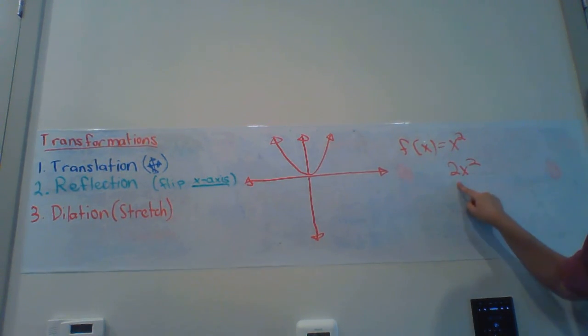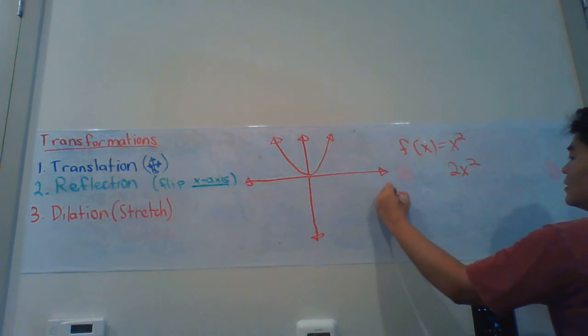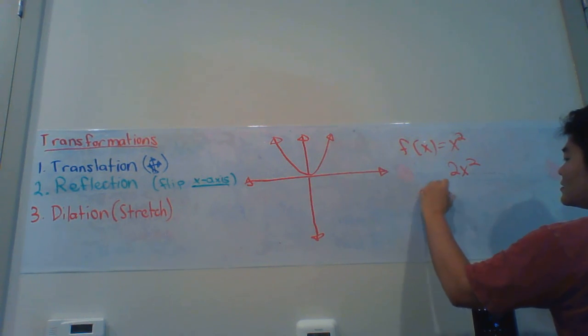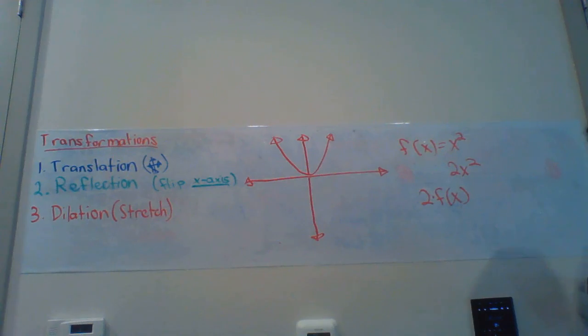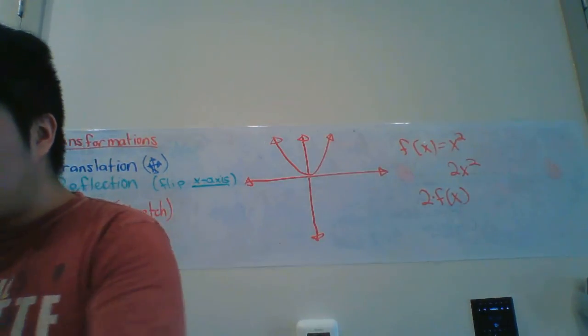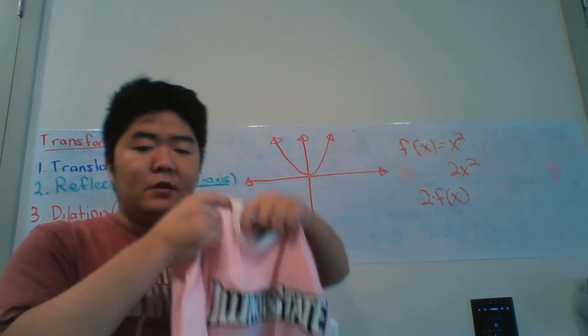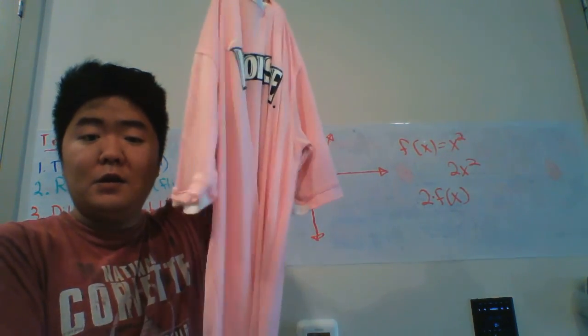Well, since it's bigger than 1, it's going to keep getting bigger and bigger and bigger and bigger, right? So what that means is 2 times x squared is really just 2 times f of x. And when it's on the outside and it's bigger than 1, that's when it stretches vertically.